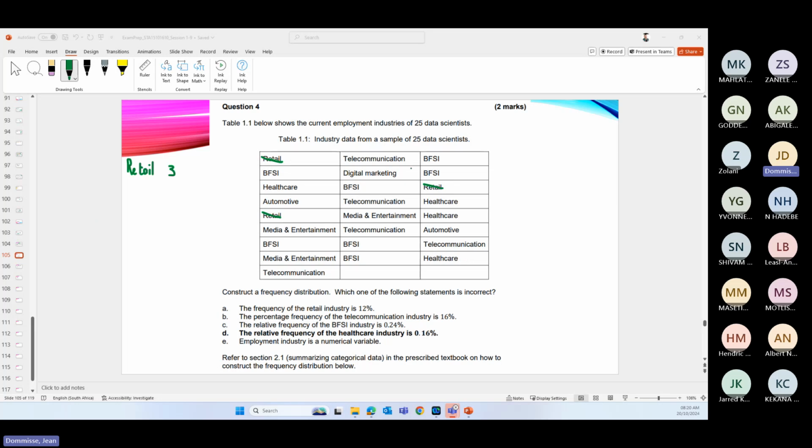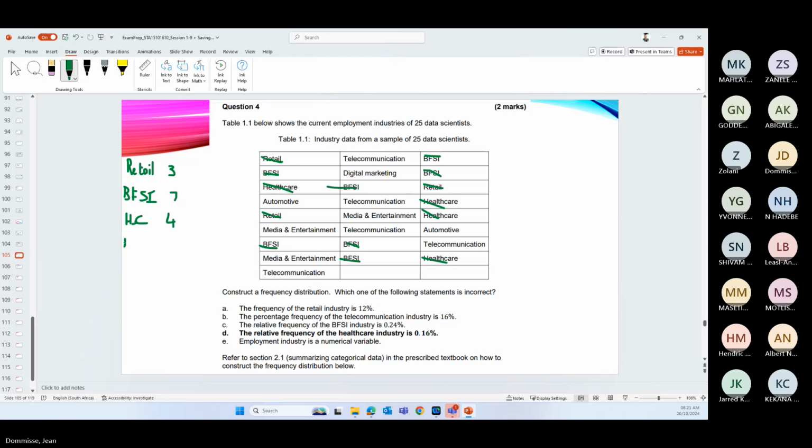Okay, so the retail, then EFSI, whatever that will mean. 1, 2, 3, 4, 5, 6, 7. Okay, then let's see healthcare. I'm just going to say HC for healthcare. 1, 2, 3, 4.